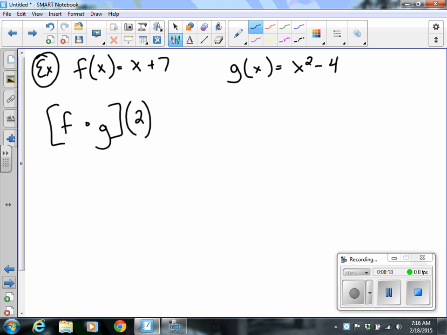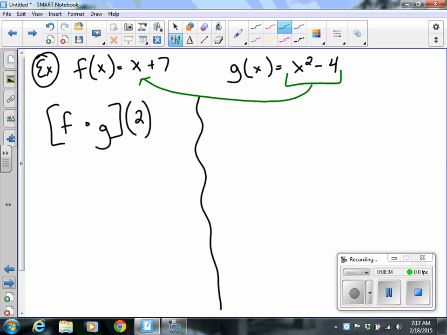What that means is I'm going to plug 2 into the x spot once I figure out my composite and get it simplified. To start off, I'm working with G first. This G of x is going to be plugged into the x spot in my F function.